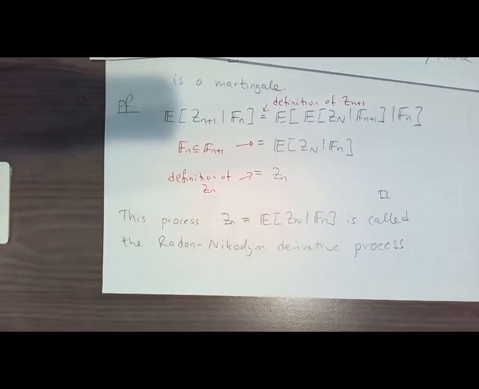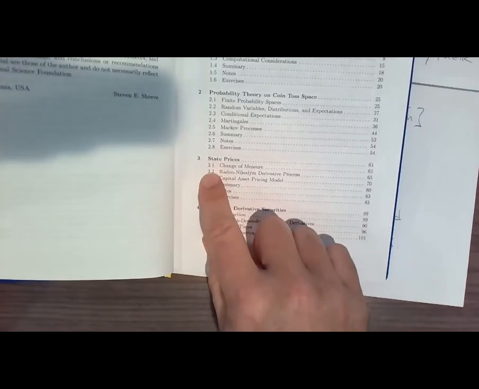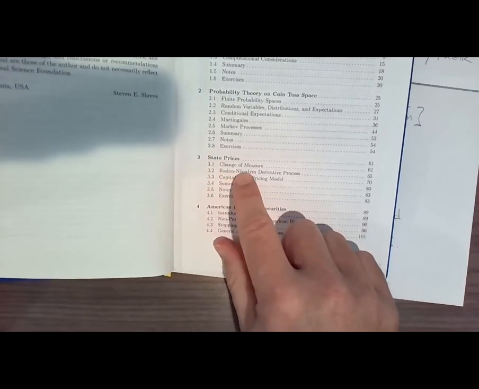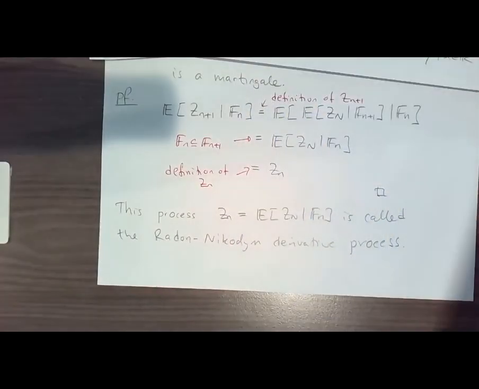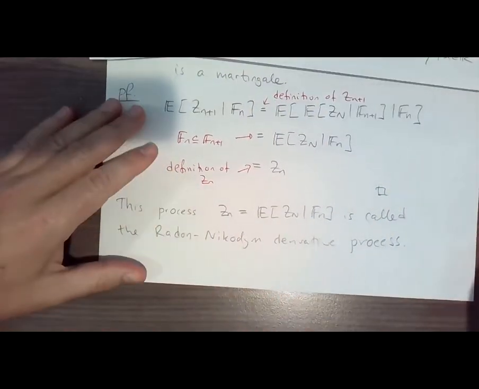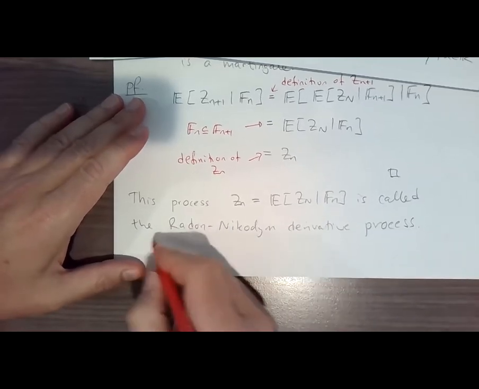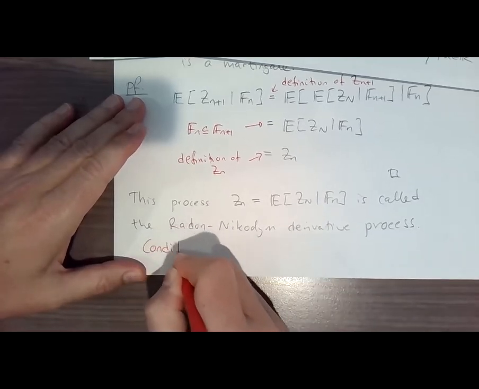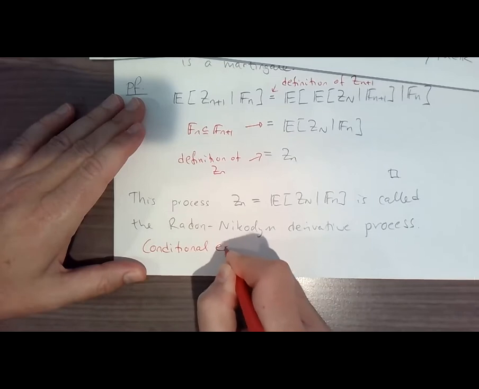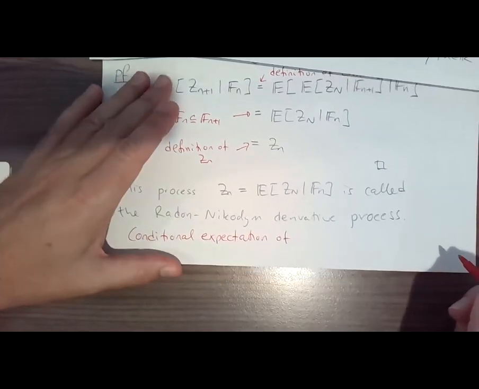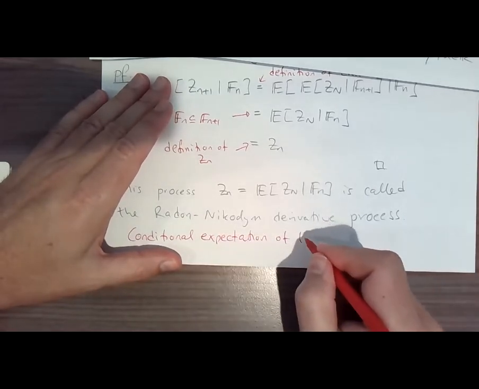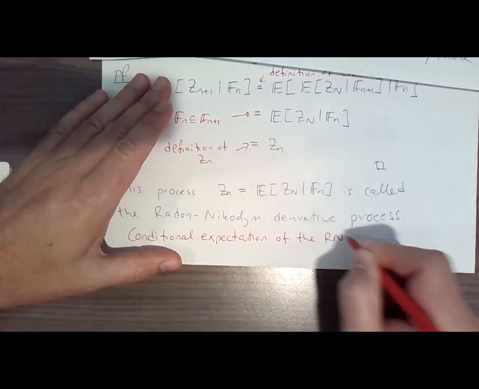Right, so it's a long word, but this is why the title of section 3.2 is called the Radon-Nikodym derivative process. It is the conditional expectation of the Radon-Nikodym derivative.